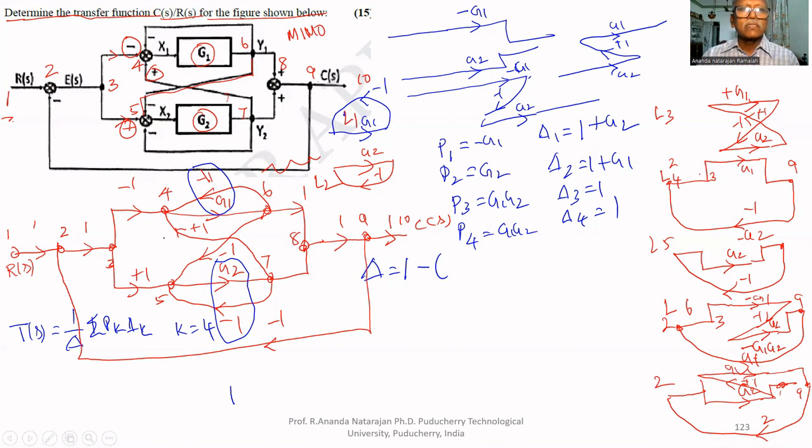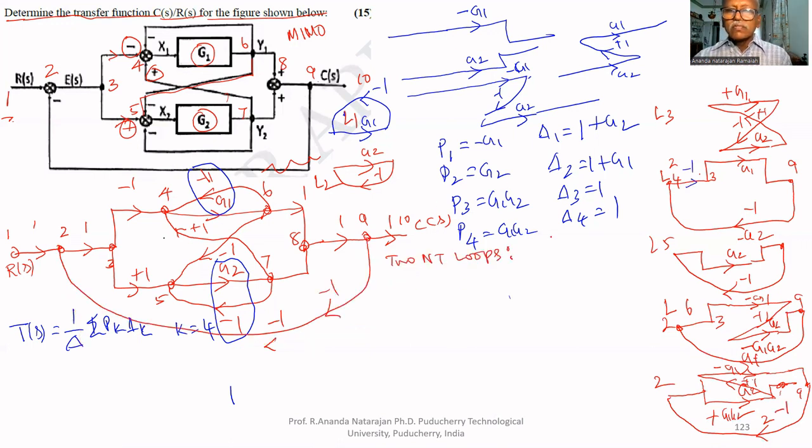G2 is plus, then G1 also plus, G1 G2 minus G1 G2. G1 is minus. That's why plus G1 G2. That's all. 7 loops. Before writing that, let us write L1.